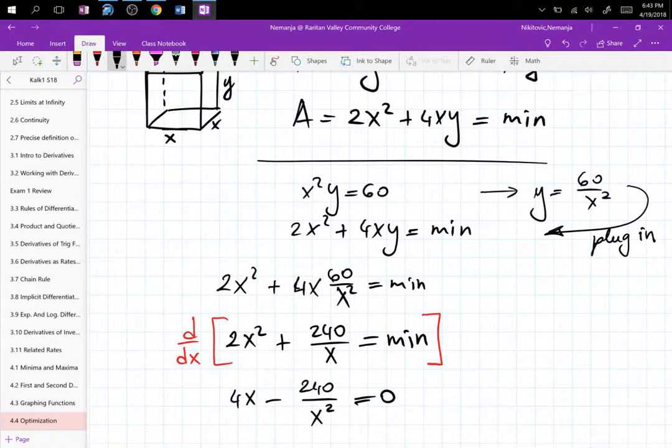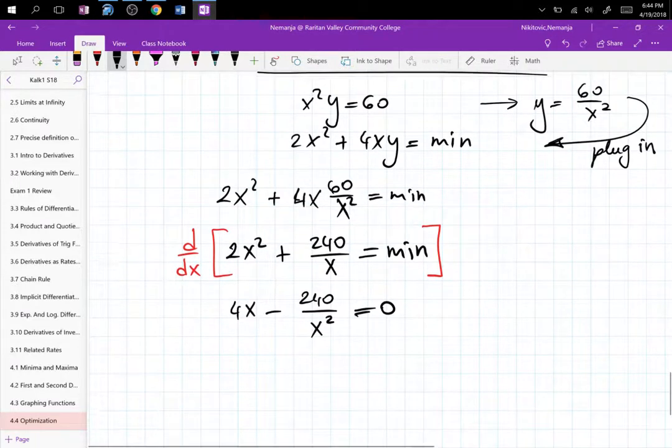For the second term, the 240 over x, you don't do the quotient rule on that. That's just x to the minus 1. And the derivative of x to the minus 1 is minus 1 times x to the minus 2, which is minus 1 over x squared times 240. All you need to do here is solve the problem.